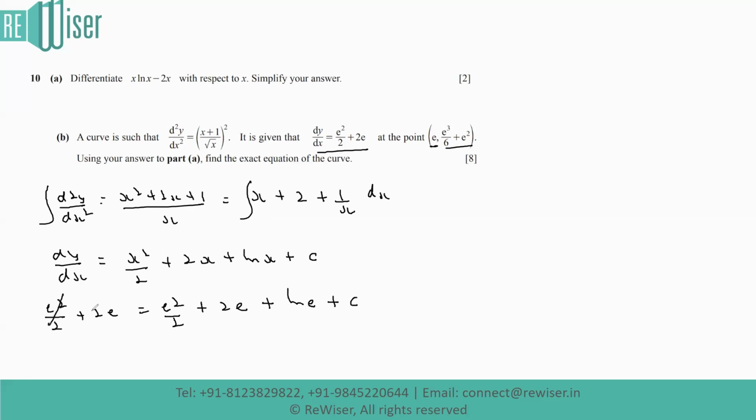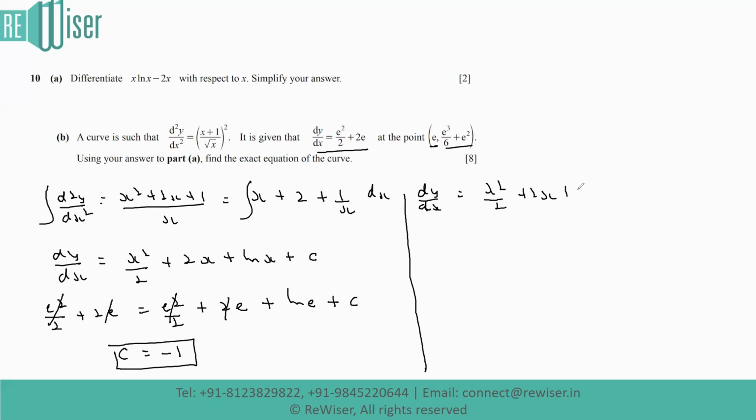So e squared over 2 plus 2e gets cancelled, and c becomes minus ln e, which equals minus 1. So that's the value of the integral constant c. So our equation for dy by dx now becomes x squared over 2 plus 2x plus ln x minus 1.